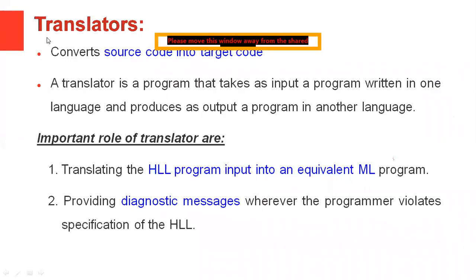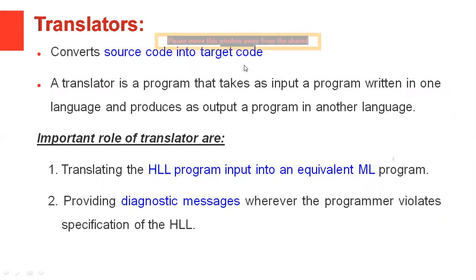So what is meant by translator? For example, in Google we are searching for something, and we ask what is the meaning in Telugu. We can convert that meaning into Telugu, right? In the same way, we convert source code into target code.